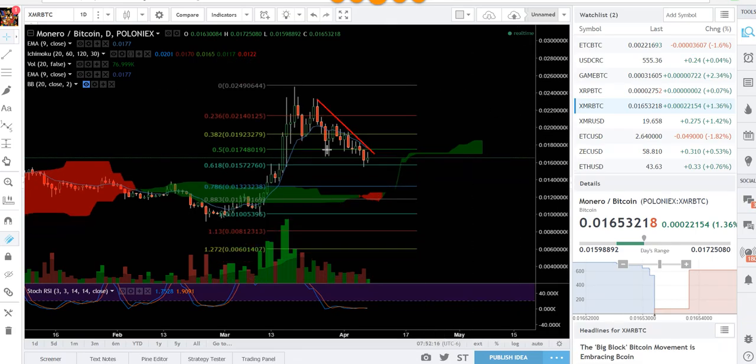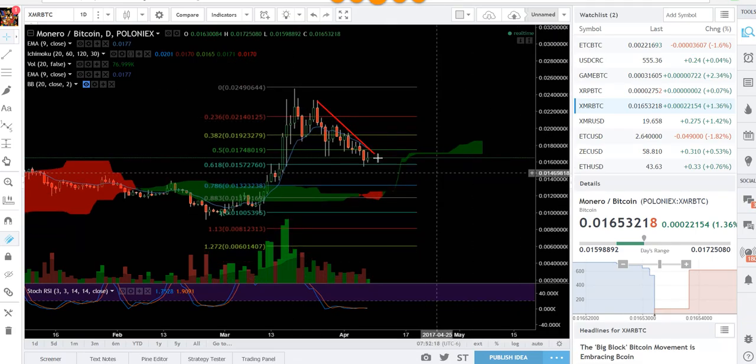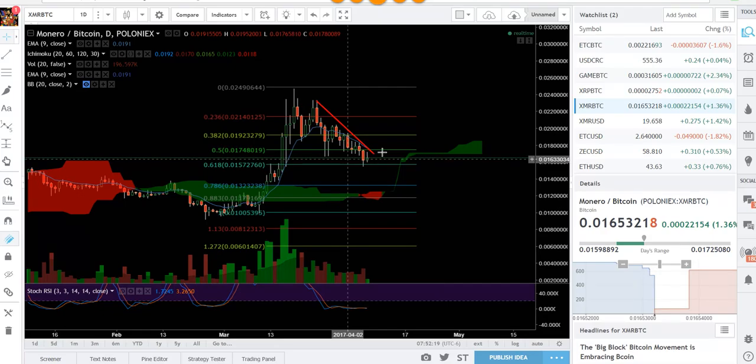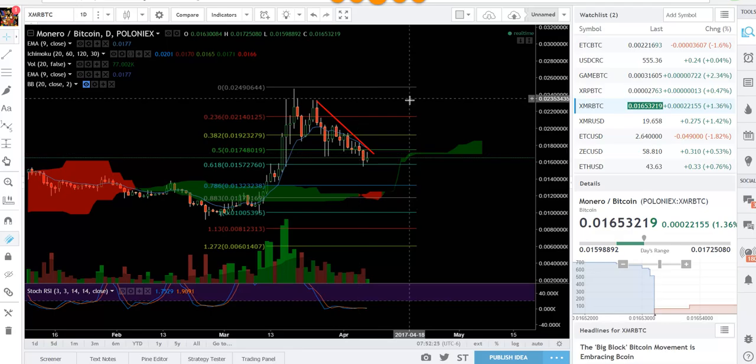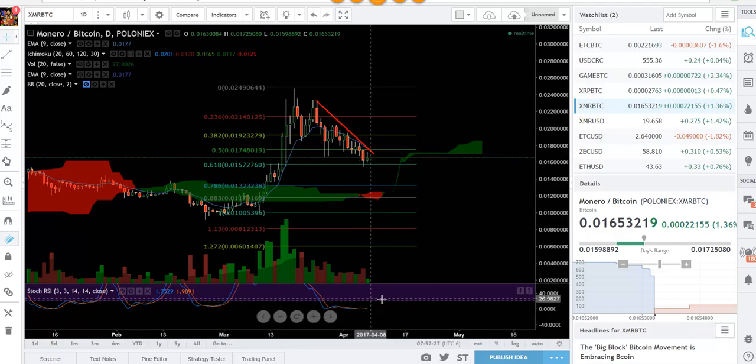So I haven't given any trades on these alts yet, because I want to see what Bitcoin does and be sure that Bitcoin is breaking down, so that these are going to break up. But look, Bitcoin's at its maximum strength on the daily now, and when it reaches the end of its move and corrects, that daily strength will decline.